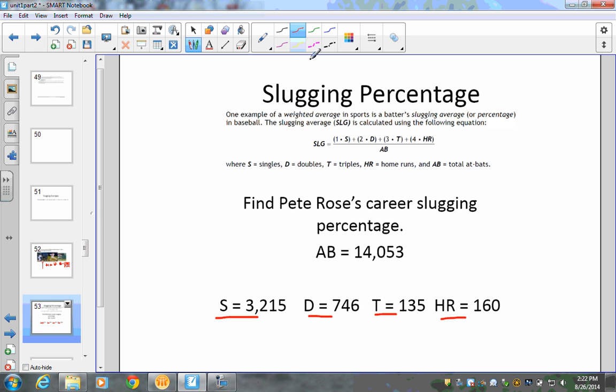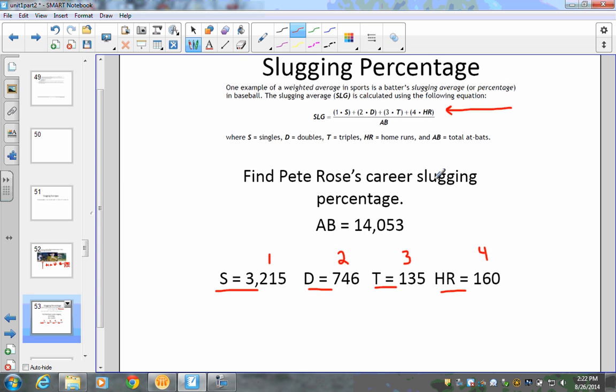By doing that, we attach some number values, and you can see the numbers in the formula right here. A home run is a 4-pointer, a triple is a 3-pointer, a double is a 2-pointer, and lastly, a single only gives you 1 point.